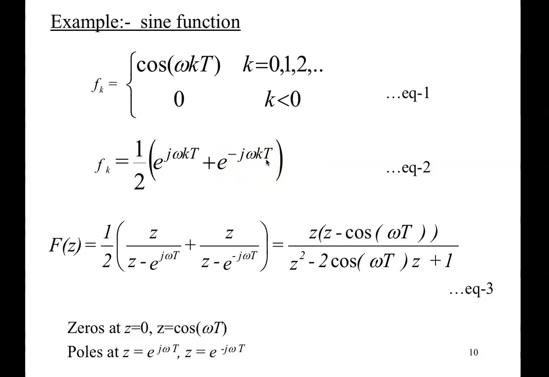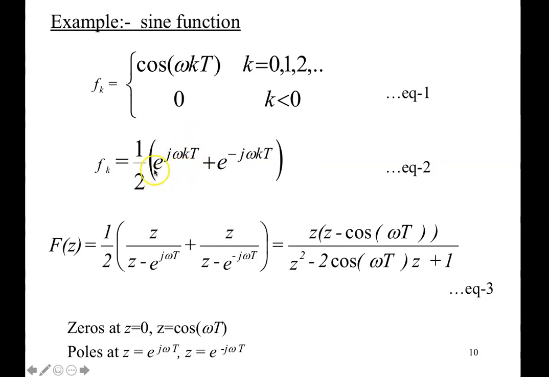That would be the zTransform of my cosine function, or cosine sequence. So take that k out, because k is the variable here. Inside it's e to the j omega t, then bracket power of k.